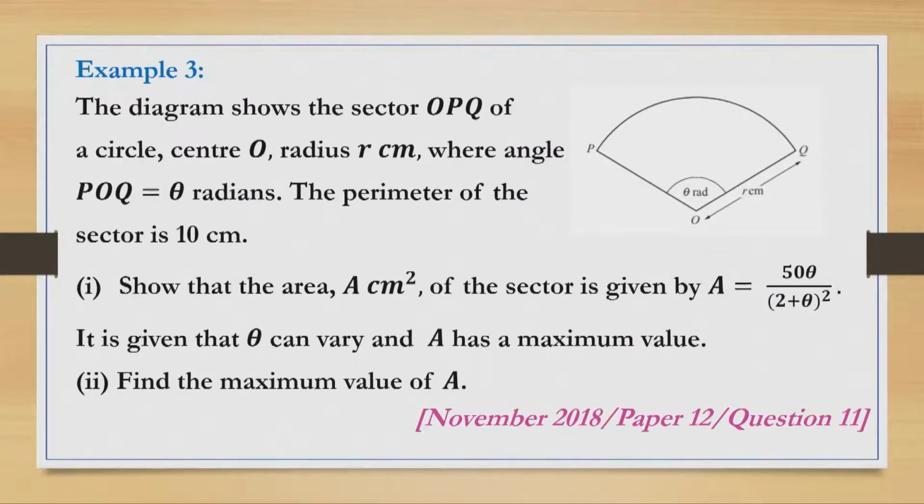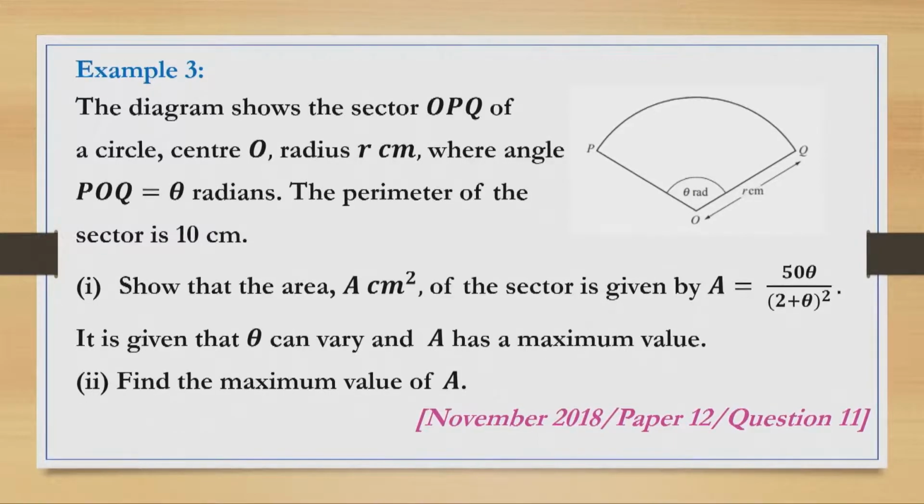Now we move on to example 3. The diagram shows the sector OPQ of a circle, center O, radius r centimeters, where angle POQ is equal to theta radians. The perimeter of the sector is 10 centimeters.